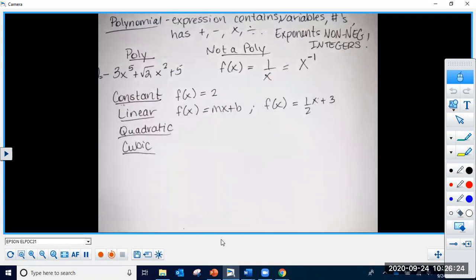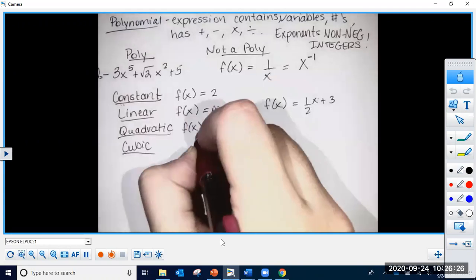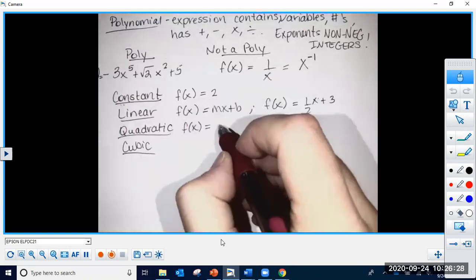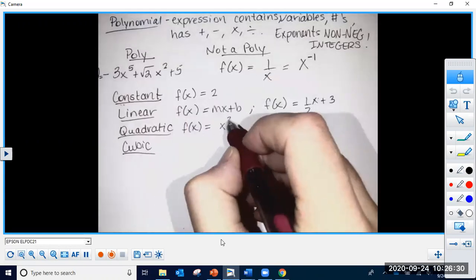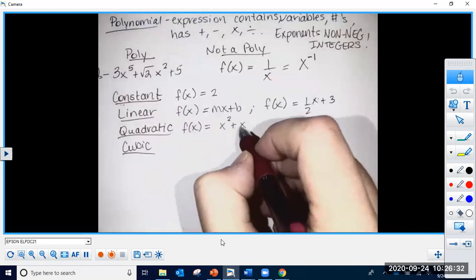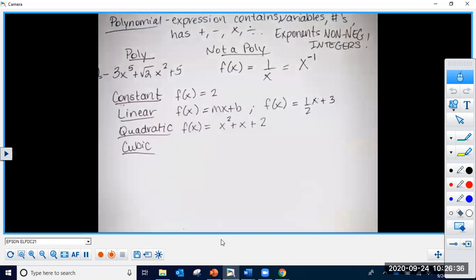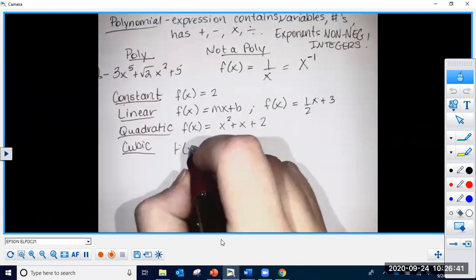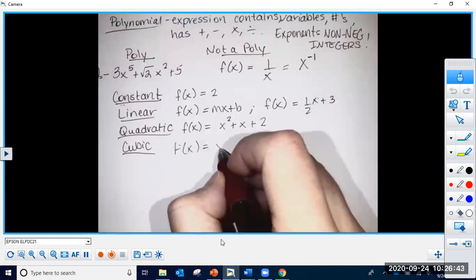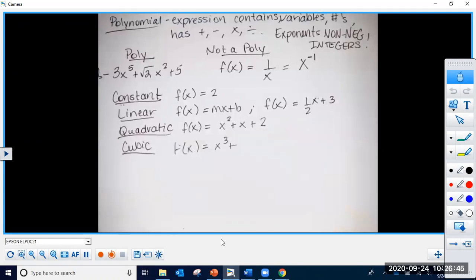Quadratic, somebody give me an example of a quadratic. Maybe like x squared plus x plus 2, something like that, where your highest exponent, of course, is 2. Cubic, same thing, highest exponent is going to be 3. If you're looking in your notes and following along, I put that in very mathematical form.